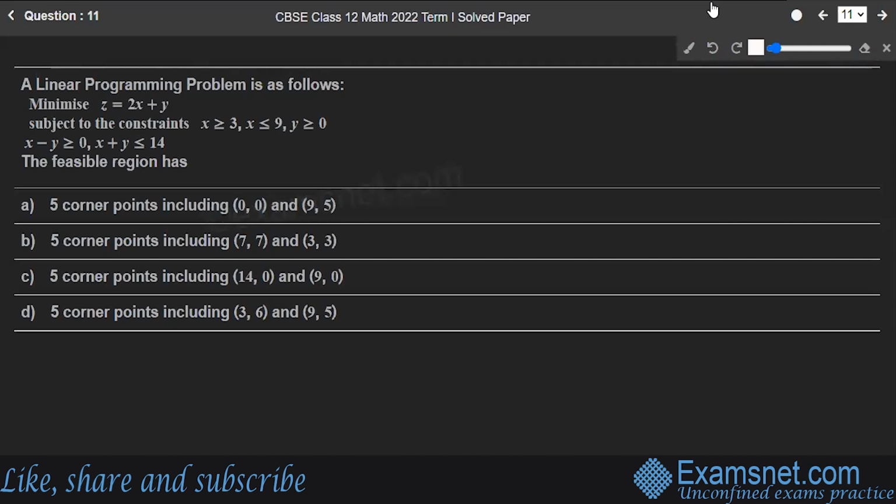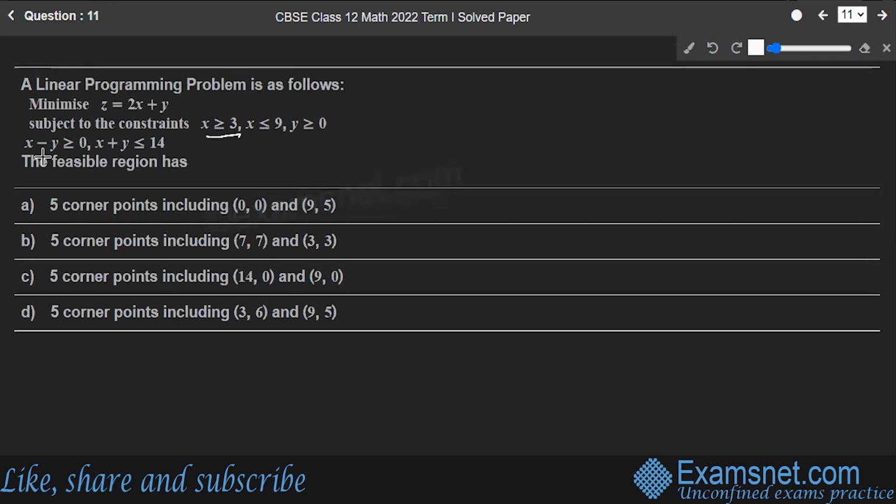Next is question number 11. A linear programming problem is defined as: minimize z = 2x + y, subject to these constraints: x is greater than 0, less than or equal to 9, y is greater than 0, this and this. The feasible region has 5 coordinate points. Okay, so let's plot the constraints.